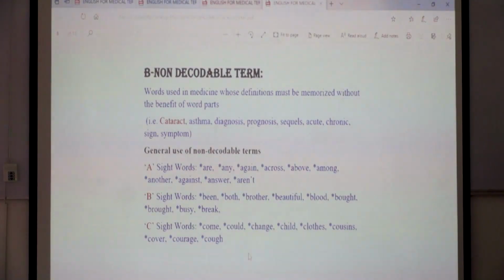And we have another group, sight words like any, again, cross, above, among, another, against, answer, are not. All of this is called non-decodable.